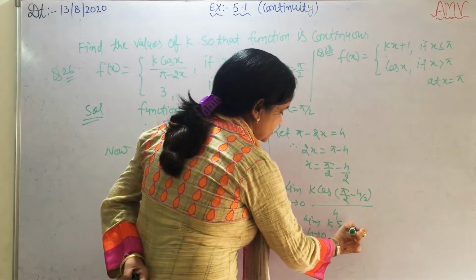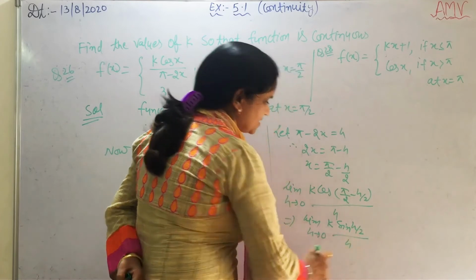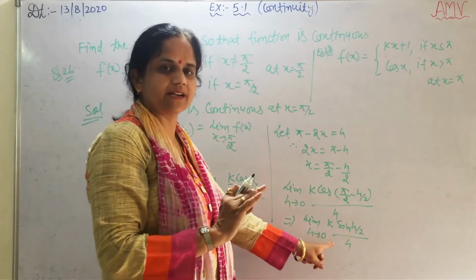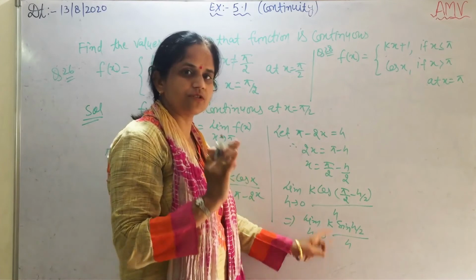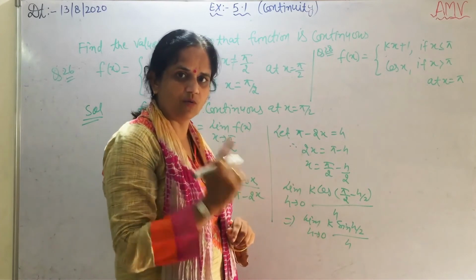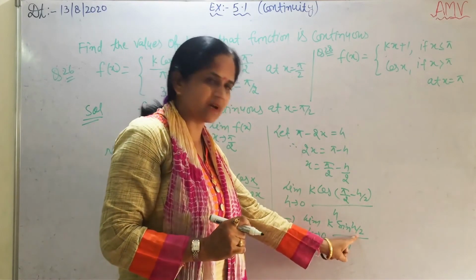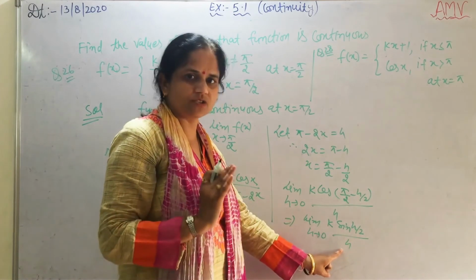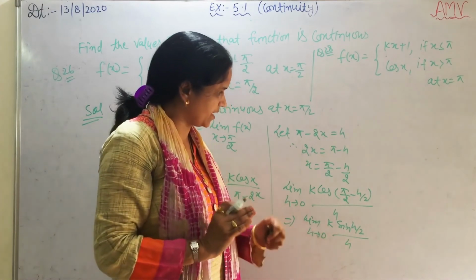So here it is sin h by 2 over h. Now you know that limit x tends to 0, sin x by x is 1. Here the angle is h by 2, but here it is h only. So multiply and divide by 2.